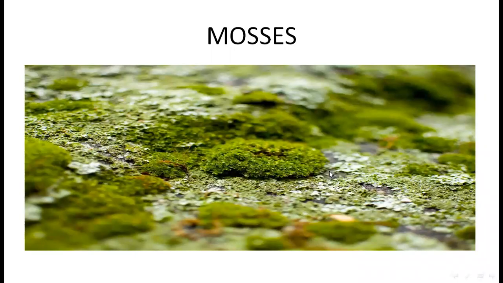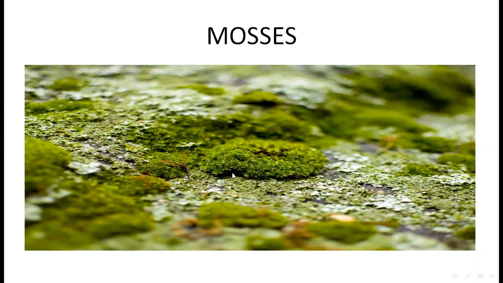Mosses. The second group of simple plants is mosses. Like algae, they also lack roots, stem, or leaves. Having no roots, stem, or leaves means they lack a transport system known as the vascular system.